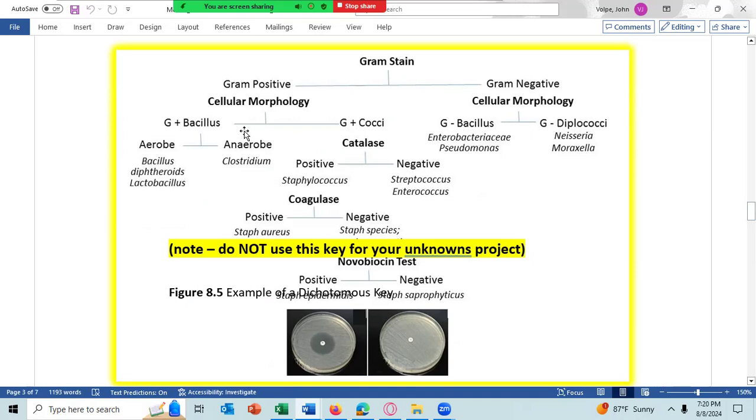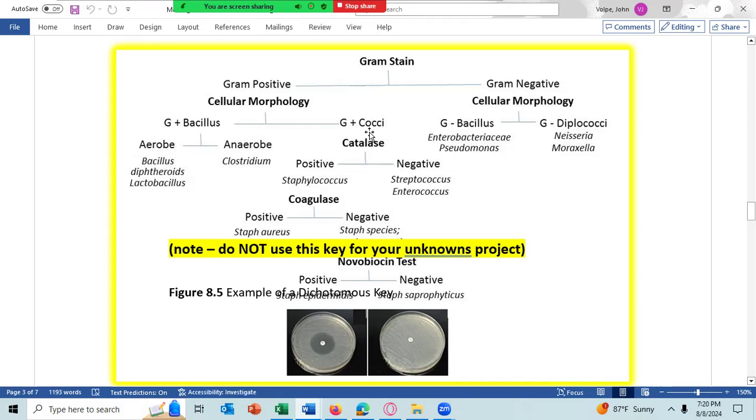And for the bacillus, we can then separate them into aerobes and anaerobes, which actually would split them into family Bacillus and the family Clostridium. We're not going to follow the gram-positive bacillus. We're going to follow the gram-positive cocci.